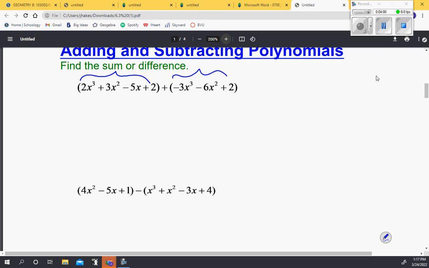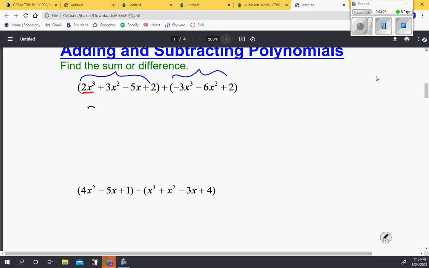Okay. Like terms means we have a 2x cubed right here, 2x to the third power. We don't have any other x to the third powers. So we can't add or subtract anything. Okay. So, if you can't simplify anything inside the parentheses, drop them.